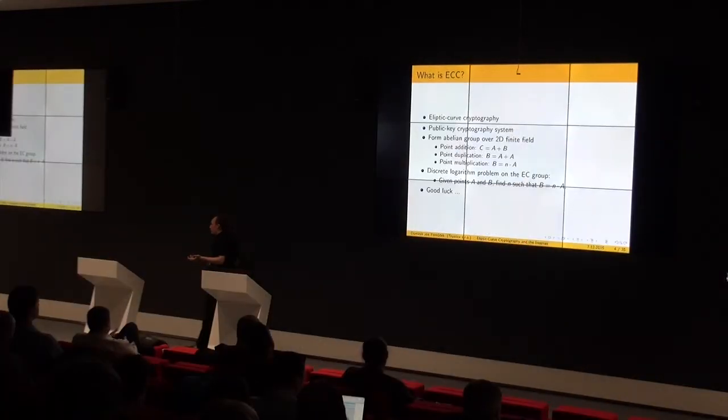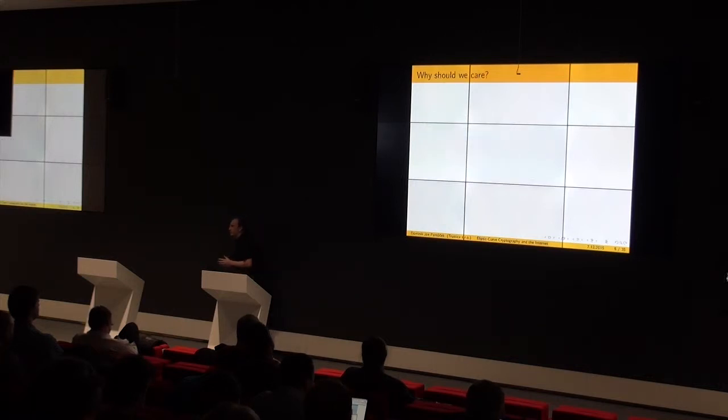So, now we know what elliptic curves are, what elliptic curve cryptography is, okay, you got some introduction, and the third main question we have to ask is, why should we care? Because, you know, RSA works well, the DSA sort of works well if you choose sufficiently random numbers, and, you know, things like Philip was talking about.